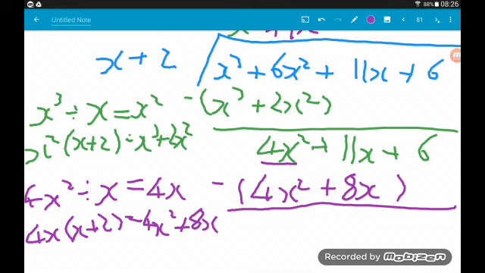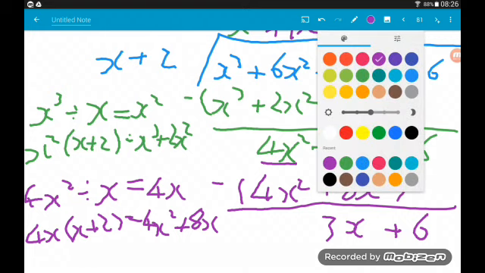So 4x squared minus 4x squared cancels out. 11x minus 8x leaves us with 3x. And then 6 carries down. So we've got 3x plus 6, like that. So that's now the next expression that we are dividing.